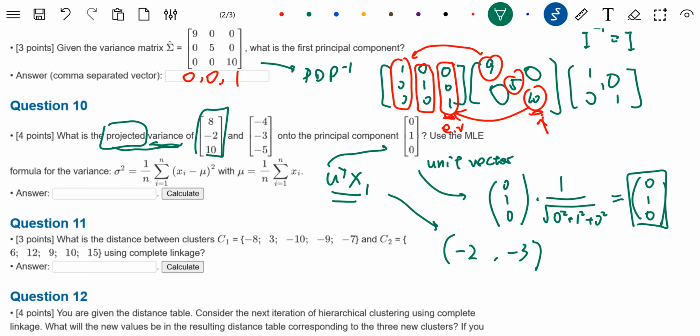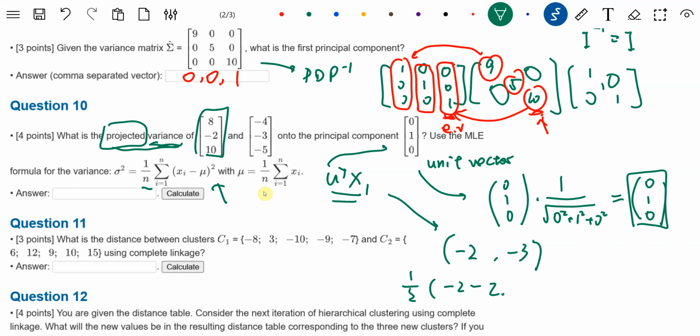And the variance is computed by this MLE formula, which is just dividing by n. Sometimes I want to use the version with 1 over n minus 1, but here, just divide by n. So basically it's half times minus 2 minus the average.